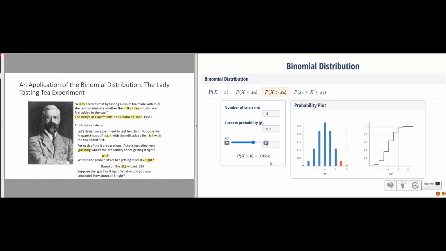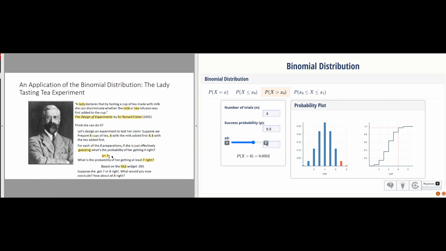What does this mean? What it means is if she is guessing and she gets 7 correct or 8 correct, then she is remarkably lucky. So our hypothesis, if you will, we start out making the presumption that she is guessing.